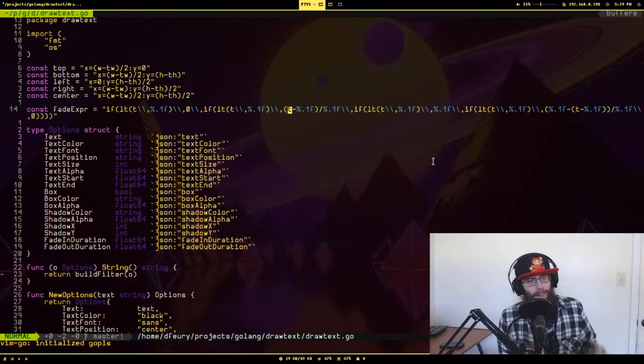If I was going to pass this into one of these equations in Go, not within a filter graph node, this is basically the X. This is the period, because T minus the starting time would give me the actual progress, and that's why it linearly fades in at the same rate.